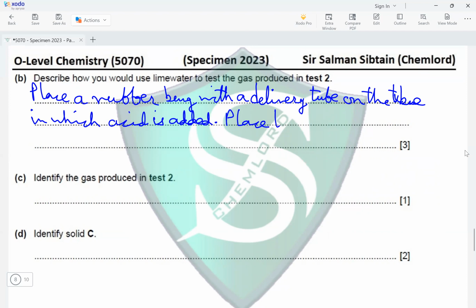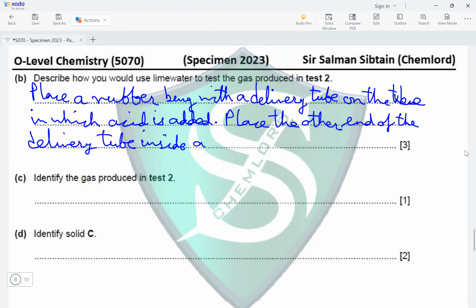Place the other end of the delivery tube inside a test tube containing lime water.